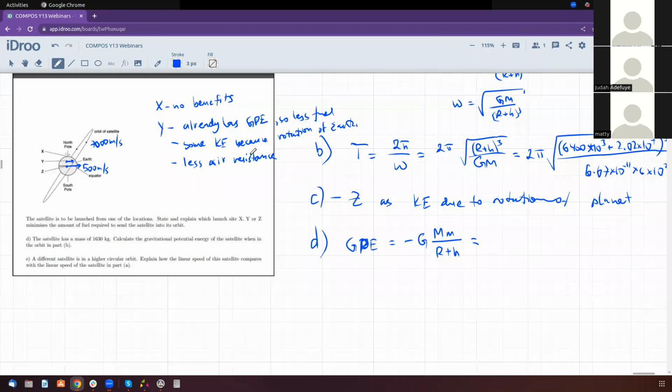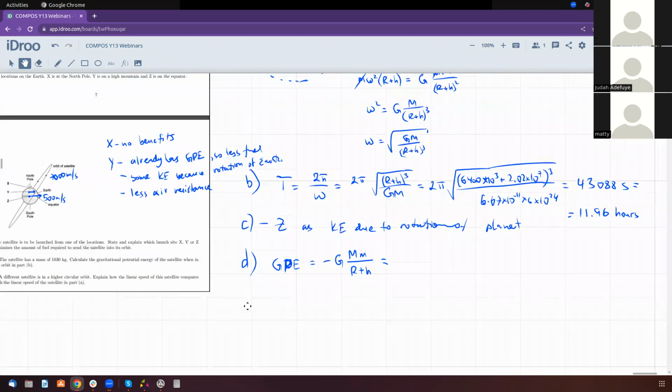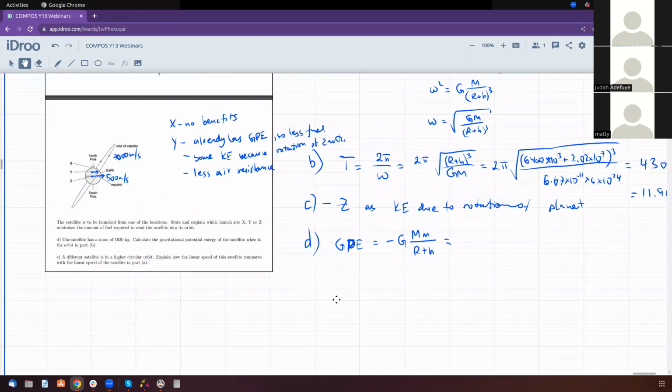How would you understand that the gravitational potential energy of a satellite is negative? It's way up above the ground. So how come it is negative? Because it's almost like you require negative energy to get to the Earth. It attracts you to the Earth.